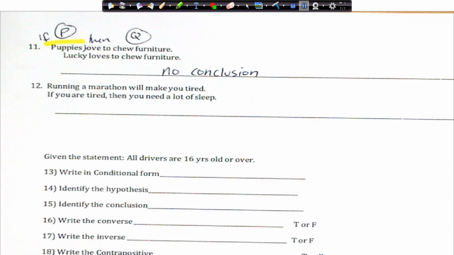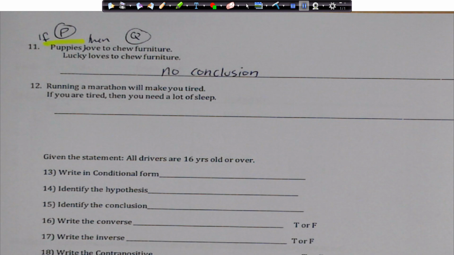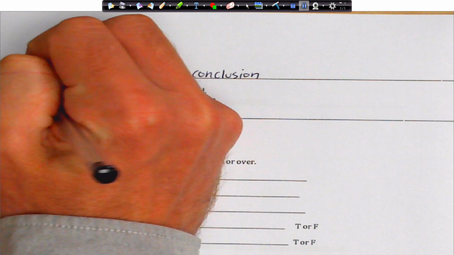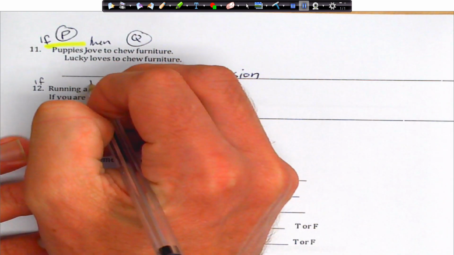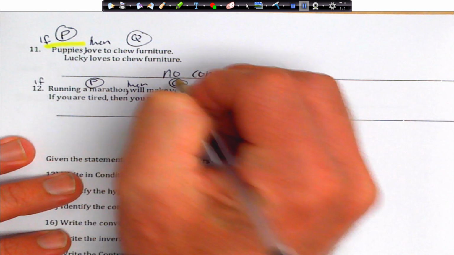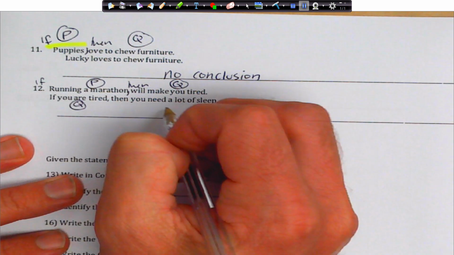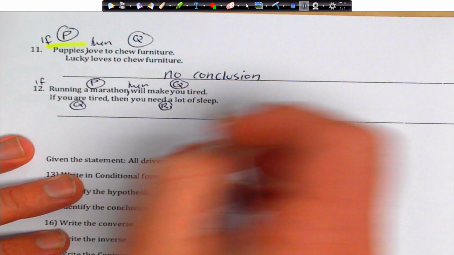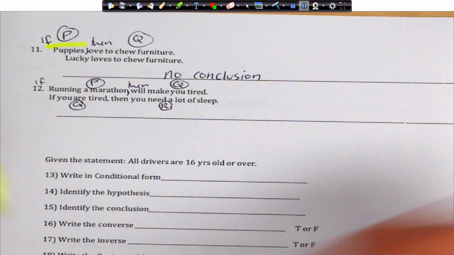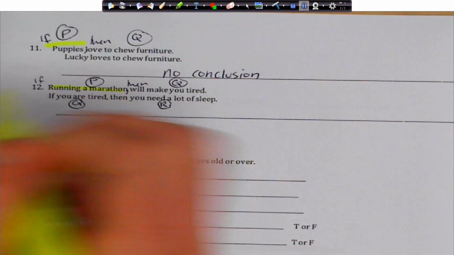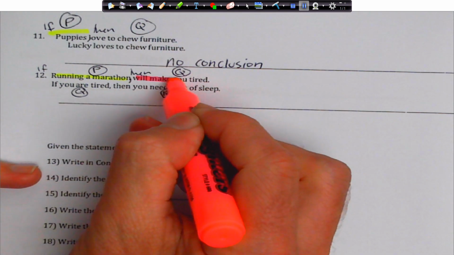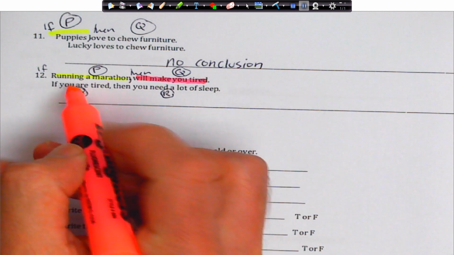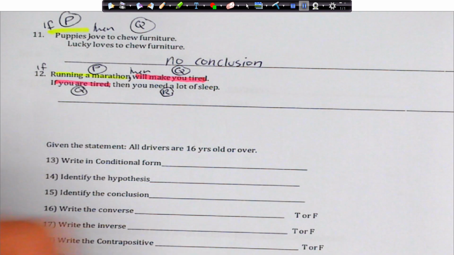Running a marathon will make you tired. So if you run a marathon, then you will be tired. So P, running a marathon, being tired, Q. If you're tired, Q, then you need a lot of sleep, R. So this actually does follow our pattern, right? We really want that Q to be the conclusion of the first one and the hypothesis of the second one, so it's used twice.